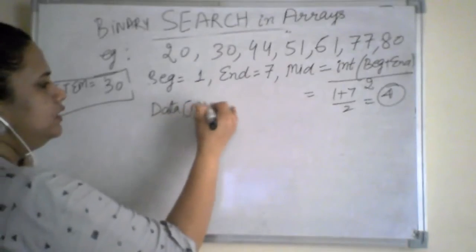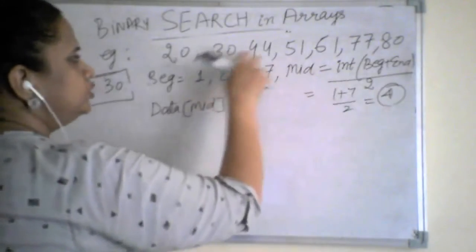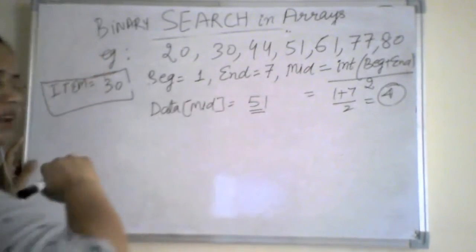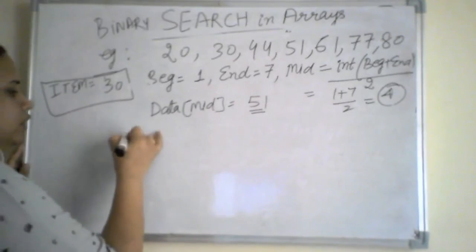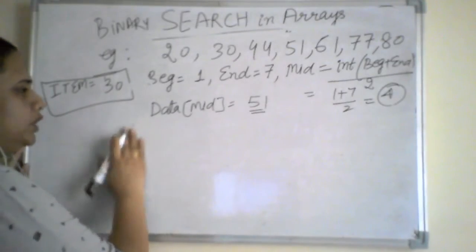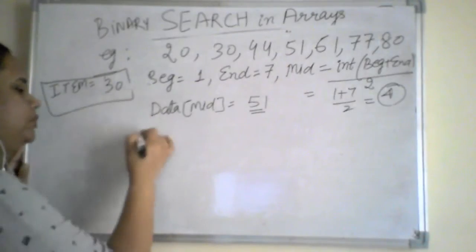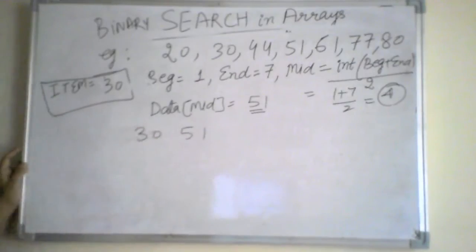Data mid is equivalent to whatever value is present at the 4th position: 1, 2, 3 and 4. Data mid is 51, right? Now you need to compare 30 with 51. Is 30 greater than 51 or smaller than that? According to that, your next step will be followed.